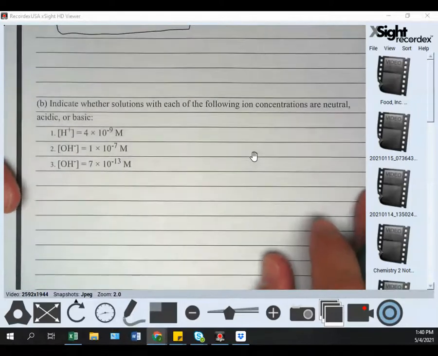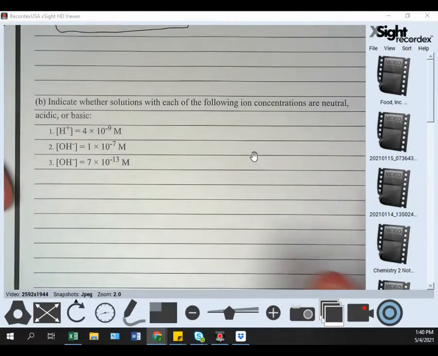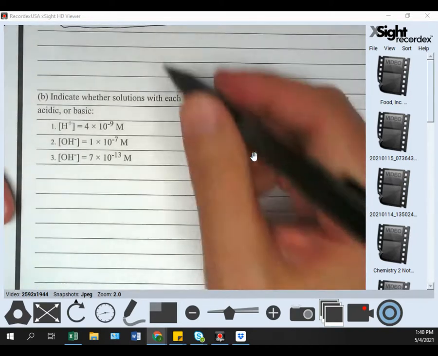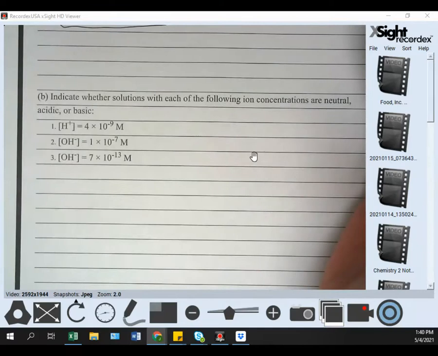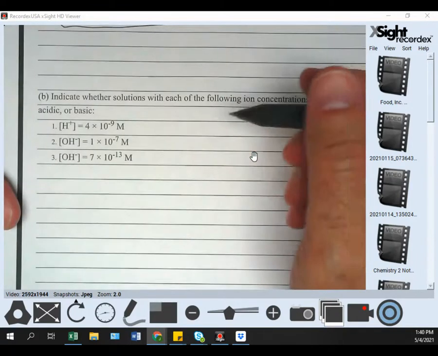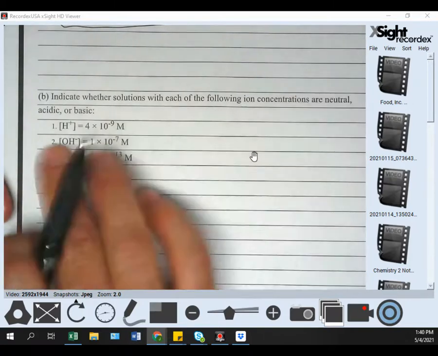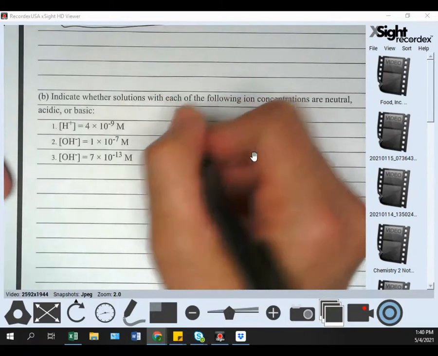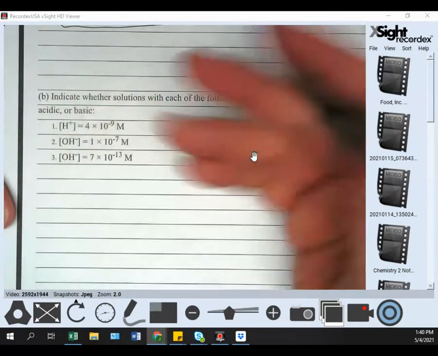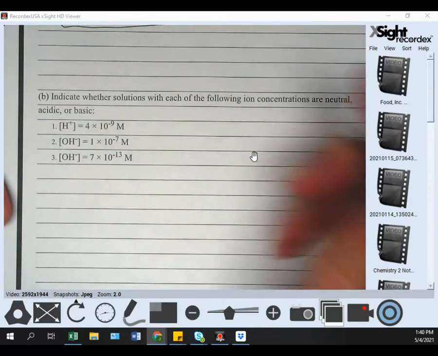Indicate whether the solutions with each of the following ion concentrations are neutral, acidic, or basic. So remember, they essentially have to combine to equal 1 times 10 to the negative 14th, right? Like if we look at number 1 here, I'll show you the math behind it, and once you get used to it, you don't even have to do the math because you'll see the way it works.